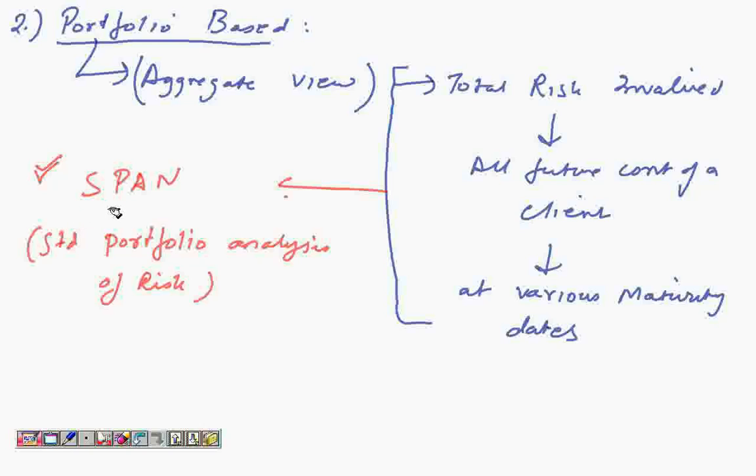We'll quickly look at the last two kinds of margins that need to be maintained. So we look at number 3, the calendar spread margin. Now, what was a calendar spread? If you recall, a calendar spread was basically one futures position hedged by another position at a different maturity.